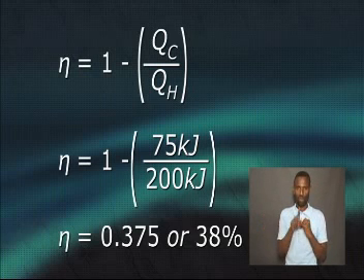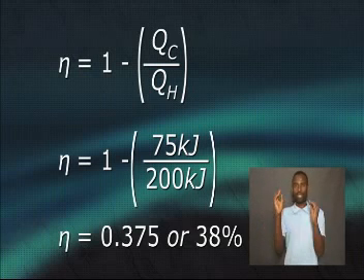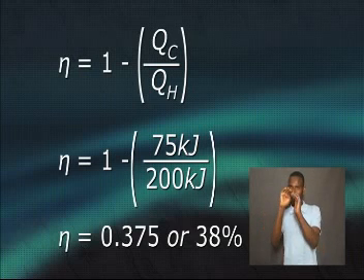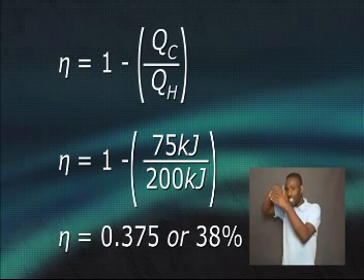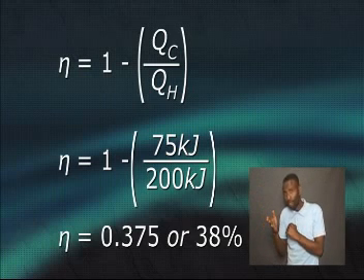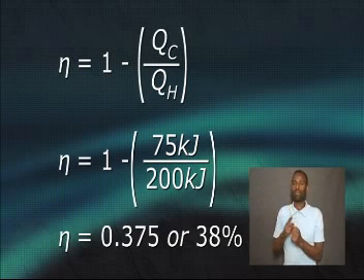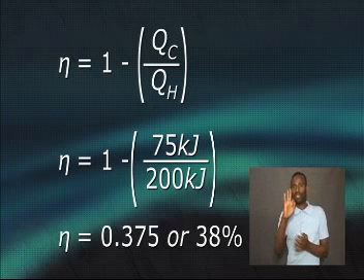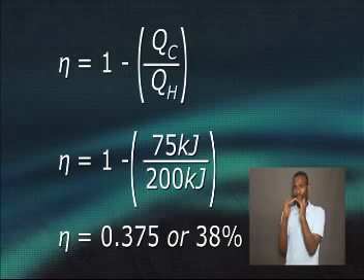So, efficiency is equal to 1 minus heat entering the sink over heat from the input. Thus, the efficiency of the diesel engine is approximately 38%.